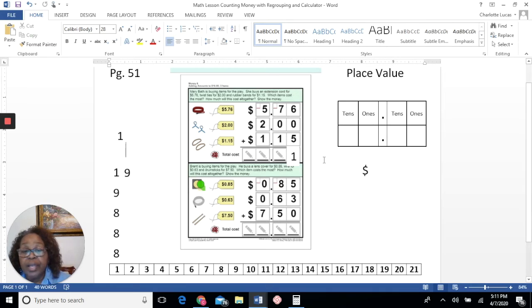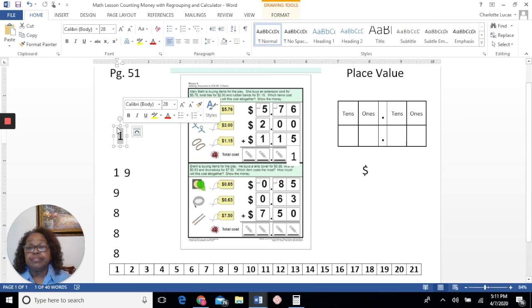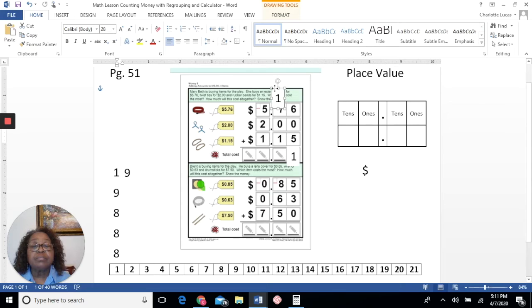And then the 1 that is in the tens place, we would have to regroup that to the tens place. We would have to move that 1 to the tens place. And we would put it up.